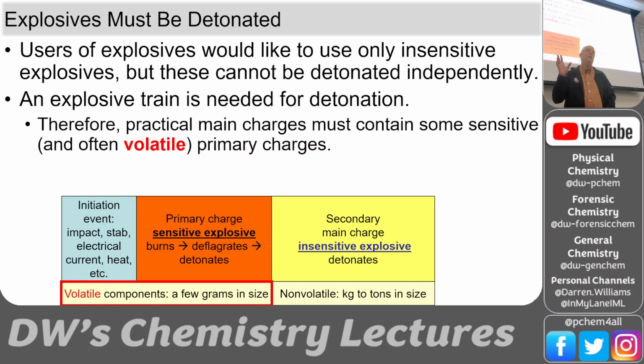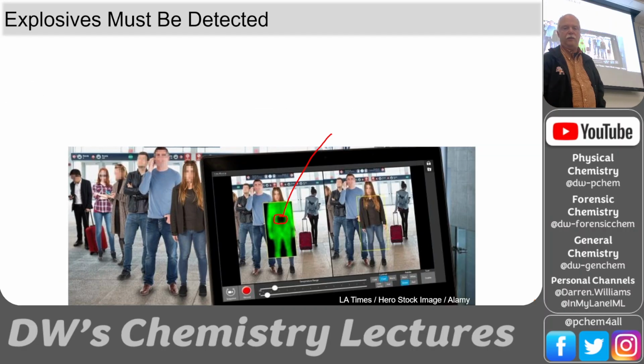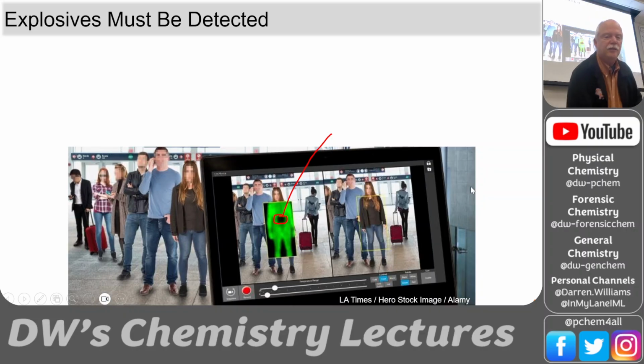And you can evacuate a room. To our detectors, these detonators are like stink bombs. And the main explosive doesn't smell at all. And so even though there's so much more of the main explosive, the detonators are what we smell with our equipment.